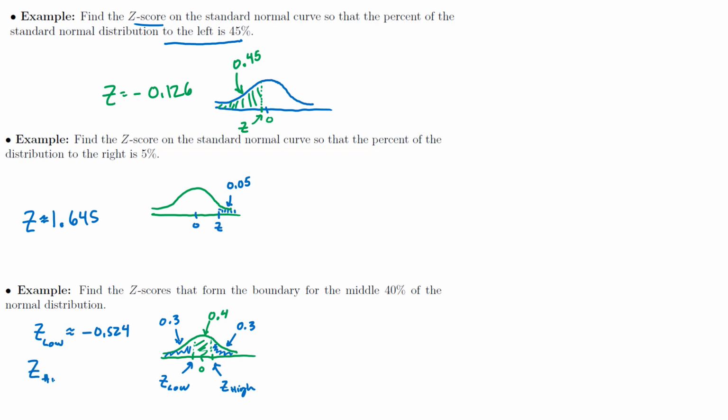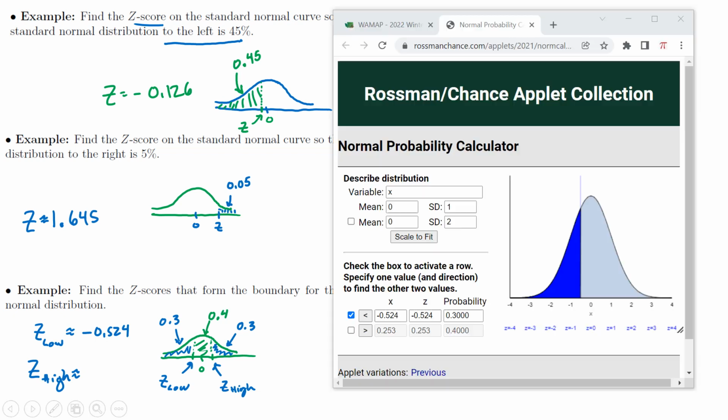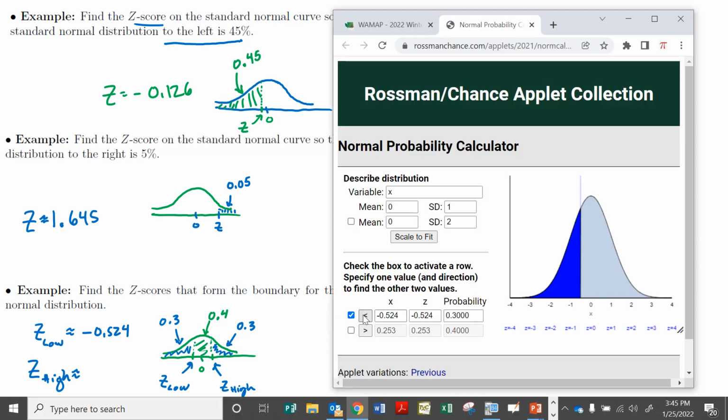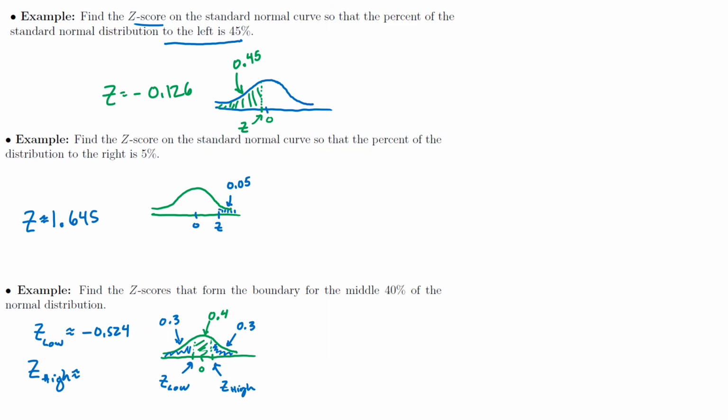And for my high, same thing. I'm going to turn that inequality around, and again type in 0.3. And of course, not surprisingly, because we know the distribution is perfectly symmetric, I get positive 0.524.